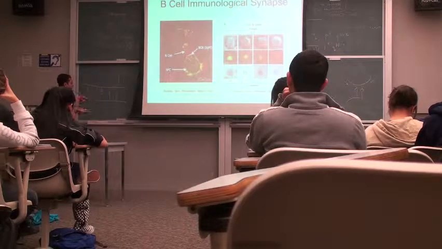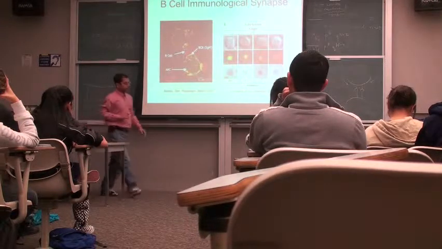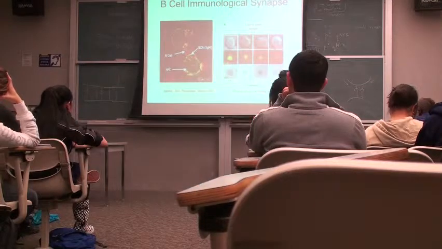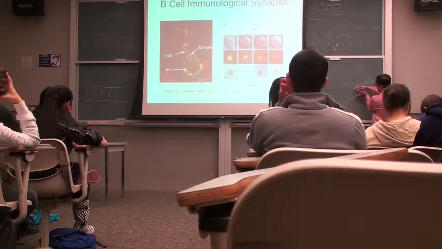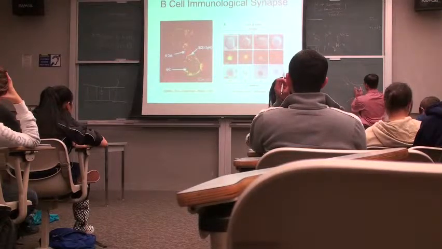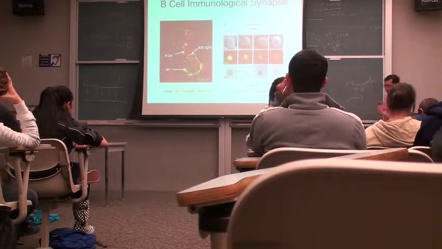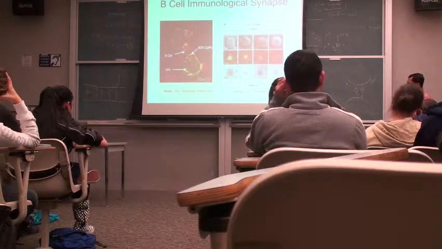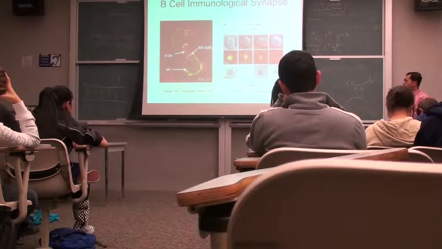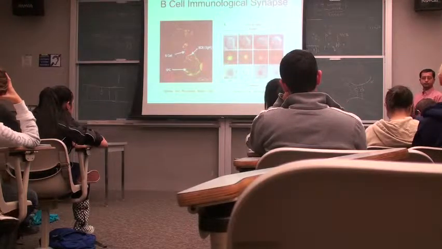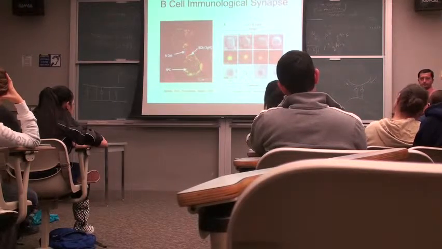You will see uniform fluorescence everywhere. But if you image in this situation, then you will see more fluorescence at the junction, less if you go away from there. Any idea why, of the mechanism, why that's the case?